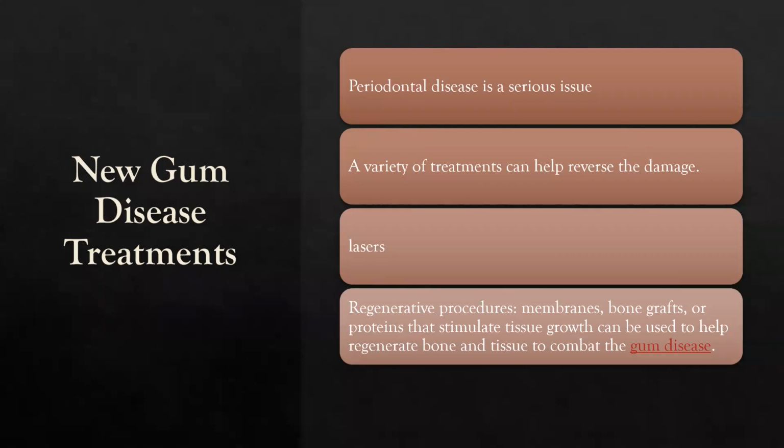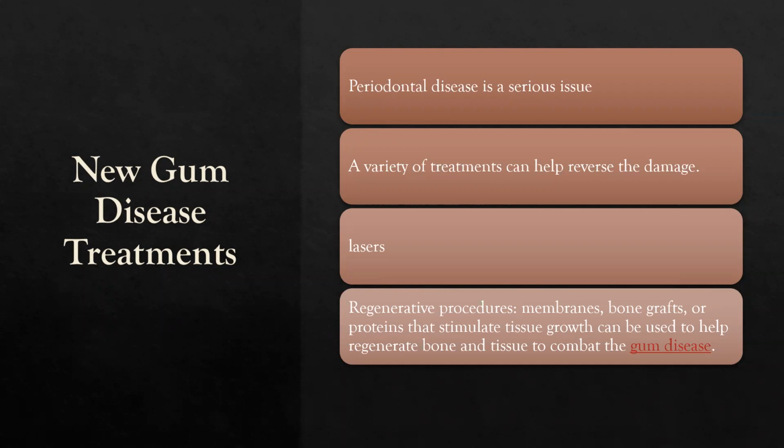As I talked about earlier, gum disease is one of the most prevalent diseases in mankind. It leads to tooth loss as a result of the loss of the connection between the tooth and the bone.